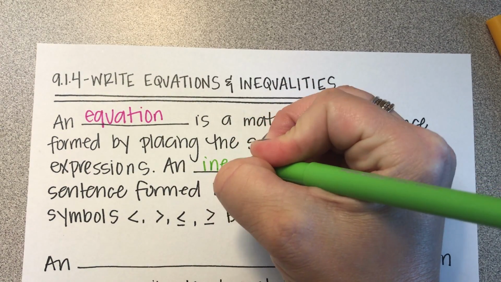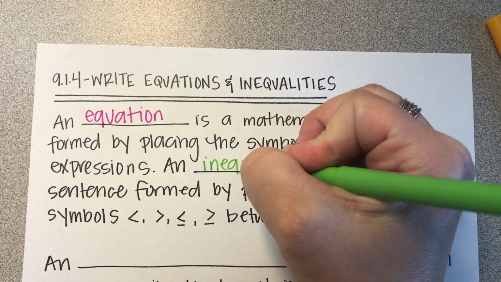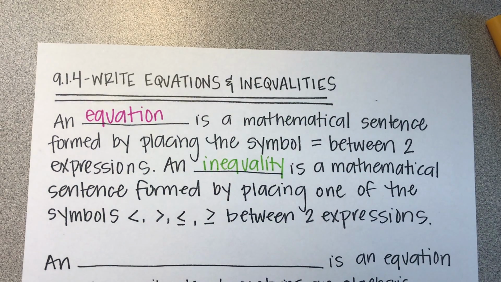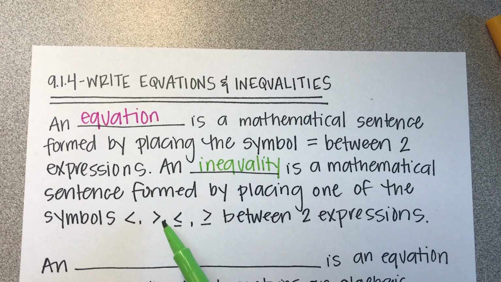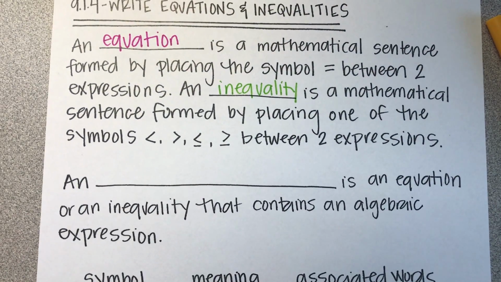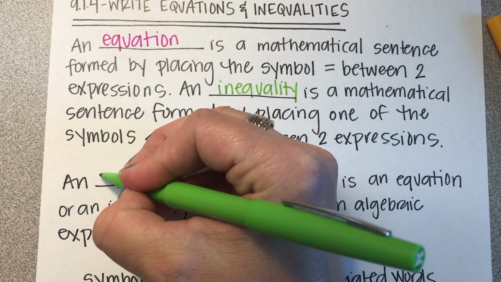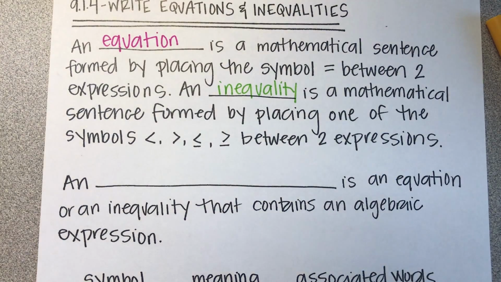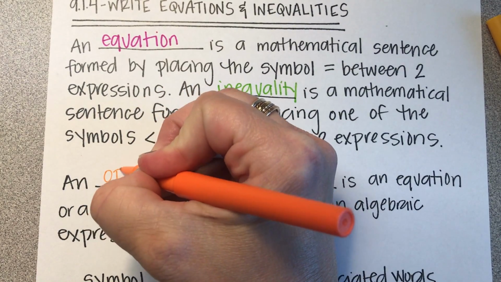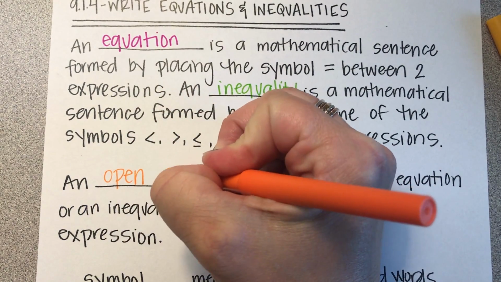And an inequality is a mathematical sentence formed by placing one of the symbols, less than, greater than, less than or equal to, greater than or equal to, between two expressions. And then a new term that we'll talk about more, I believe in tomorrow's lesson, is an open sentence.